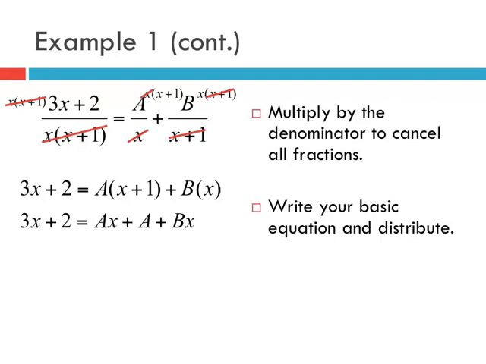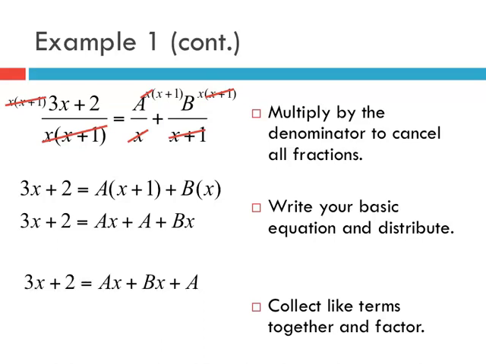And now we are going to collect the like terms together and factor if it's factorable. In this case, we have ax and bx, so I'll put those together. And then a is the only constant here. So now I'm going to factor that ax plus bx, so I'm going to factor the x out, and that leaves me with a plus b in parentheses times x.